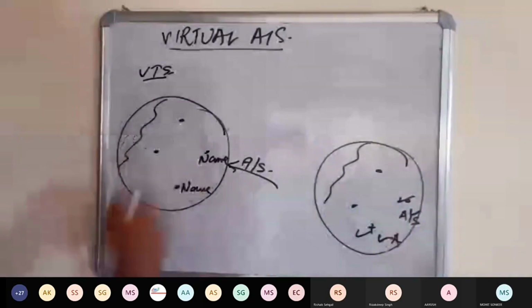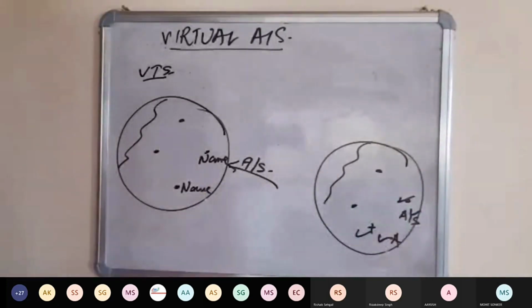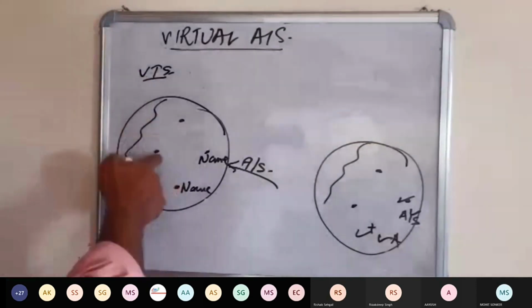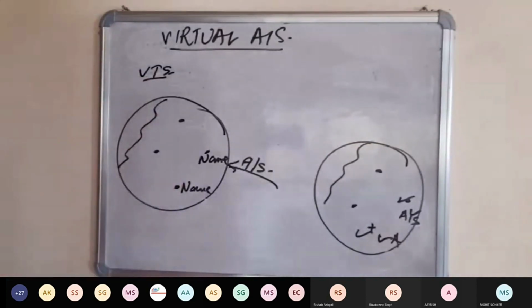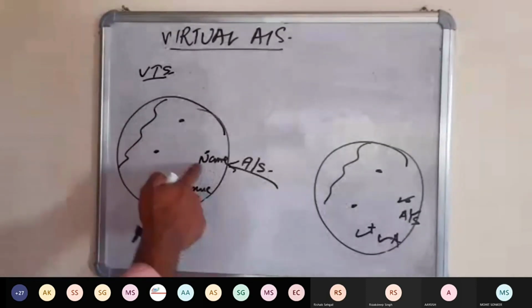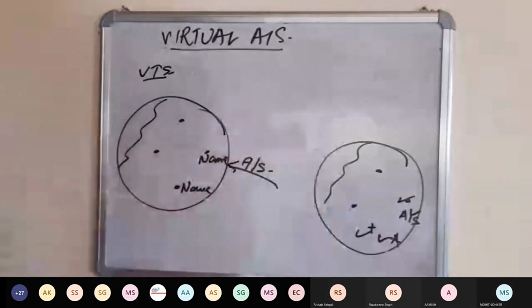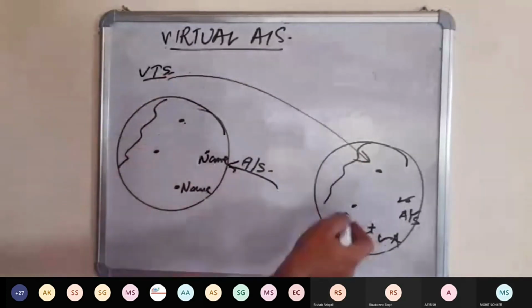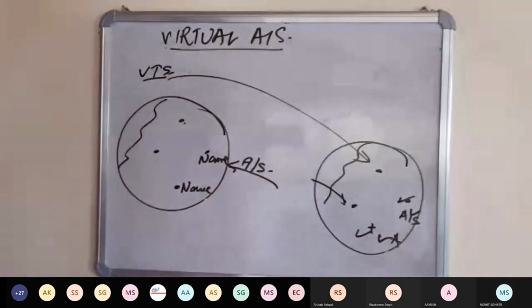But these two are not transmitting. Here, the VTS is observing that there are two targets, but they are not transmitting data. So one way to confirm is that these two are not identified. They may contact these two ships to find out what are you doing here.